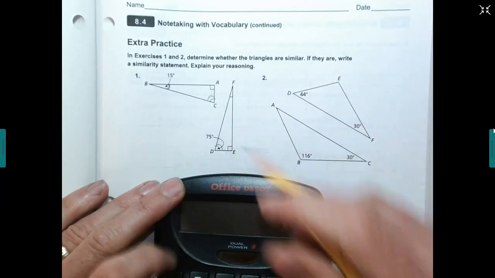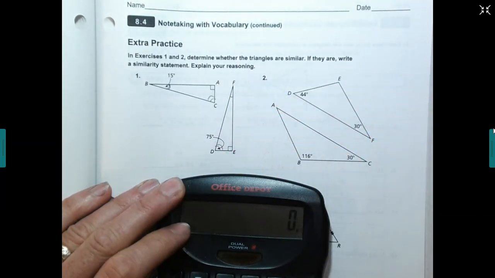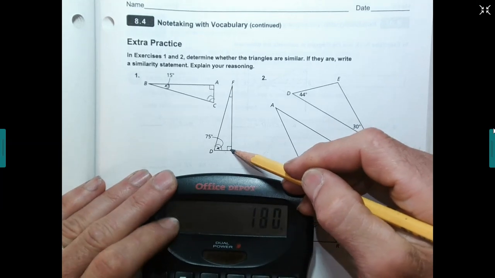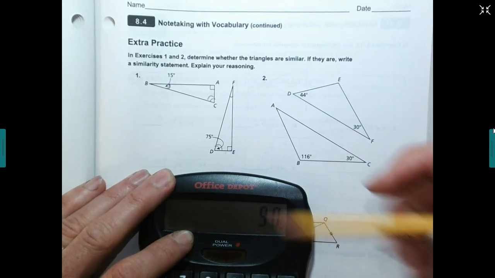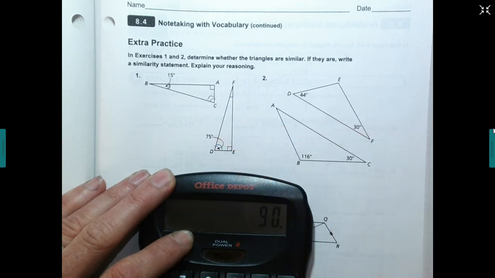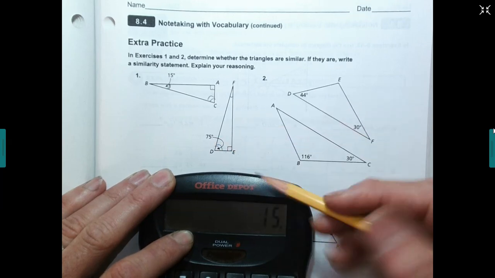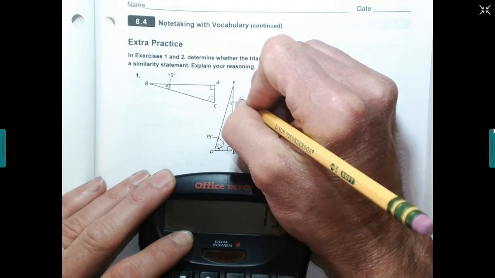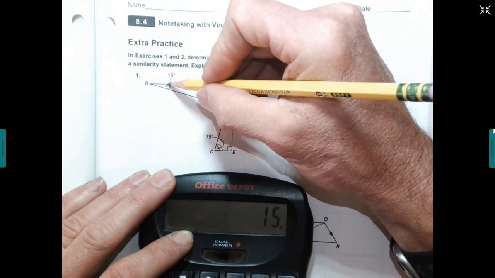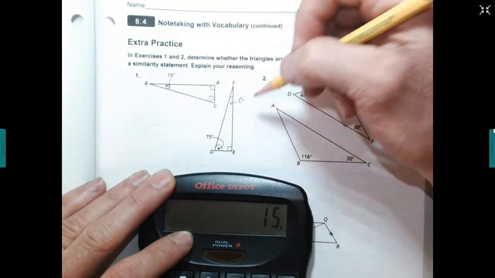Let's see if I've got 180. That's the angle sum for a whole triangle. And I subtract this 90 right here. I come up with 90, and then I subtract out this 75. Oh, look, this angle is 15 degrees. So look, are these similar triangles?